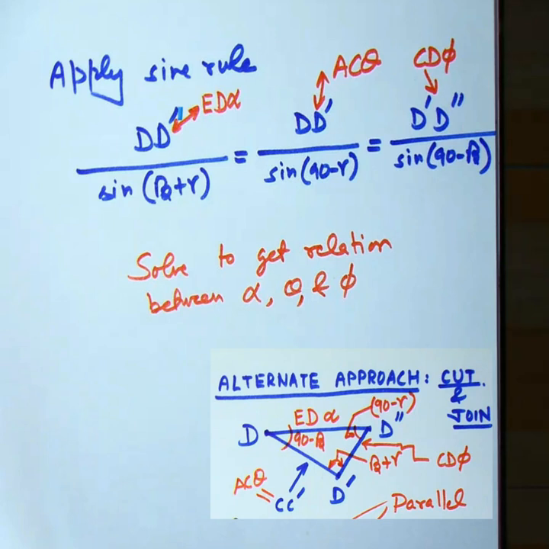So applying this rule, we can write DD dash divided by sine of the opposite angle, that is D D double dash divided by sine of beta plus gamma, equal to DD dash divided by sine of 90 minus gamma, and this must be equal to D dash D double dash divided by sine of 90 minus beta.